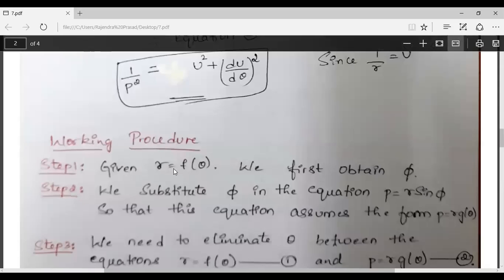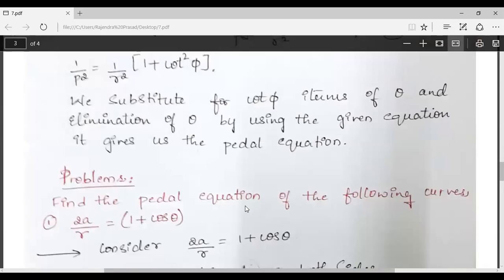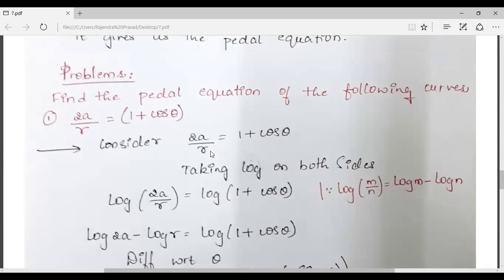So here, given polar curve r is equal to f of theta, we first obtain phi, the angle between the radius vector and the tangent. So taking log on both sides, we have the procedure. Very first step, taking log on both sides, it becomes log 2a upon r is equal to log of 1 plus cos theta.